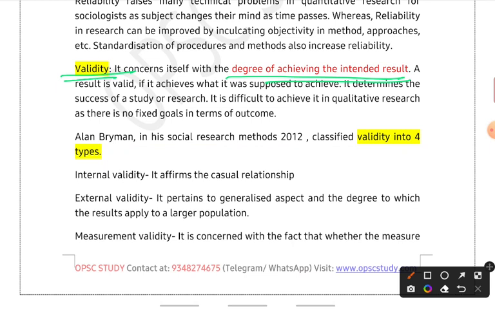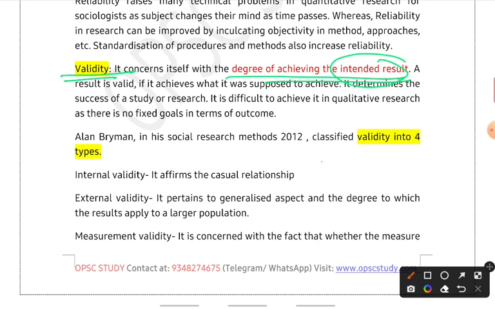Let's take a simple example. Marriage is basically a cohabitation of two opposite genders or two persons living together and socially accepted, right? Every time you try to see a society and get that particular intended result that the researcher has defined.